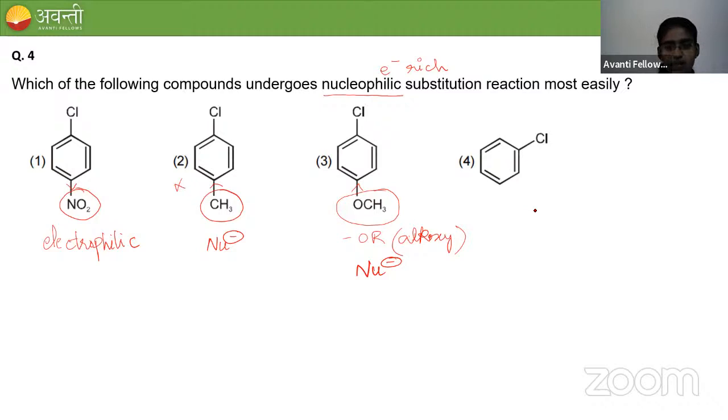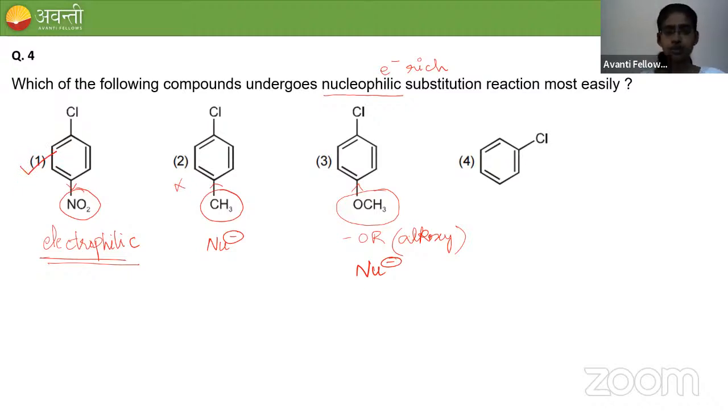So it is a kind of neutral kind of thing. Okay. Now, comparing compound 1 and compound 4, which is more electrophilic? Compound 1 is more electrophilic because of the presence of this NO2 group. So, an electron-rich nucleophile can easily approach this electrophile and the reaction occurs most easily. So, option 1 is the correct answer. Clear?